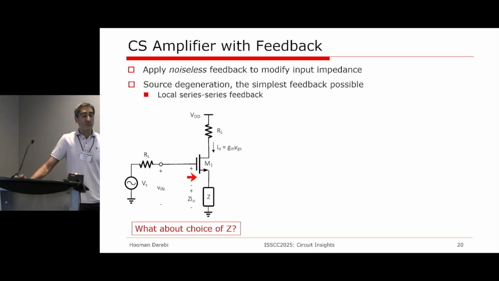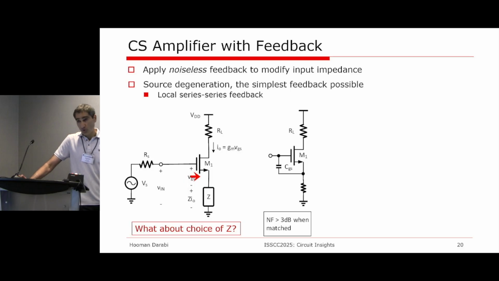So the next question is, what about the choice of Z, the feedback element? What you'd see in your analog courses is a resistive degeneration. But this turns out to be almost or nearly as bad as putting the resistor here. This will add its own noise, and it does give you a real part, unlike the original case.